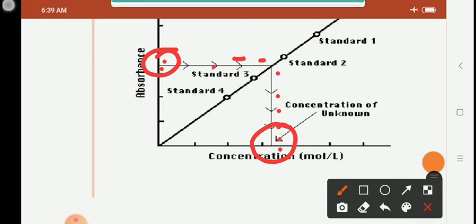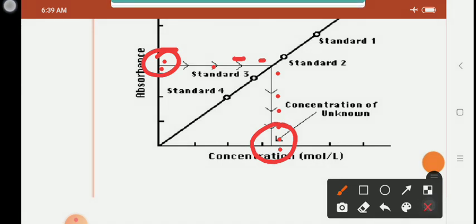So these are the various applications of UV visible spectrophotometer. What are the applications? Qualitative analysis, quantitative analysis, cis-trans isomer or geometrical isomer determination, various physico-chemical properties, purification monitoring, molecular weight determination, and so on. So that's all about the UV visible spectrophotometer.